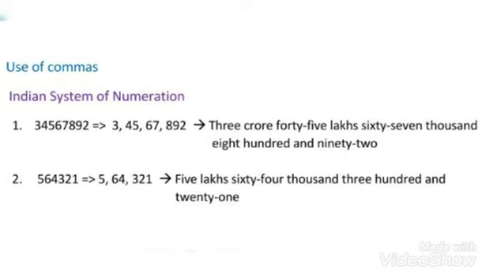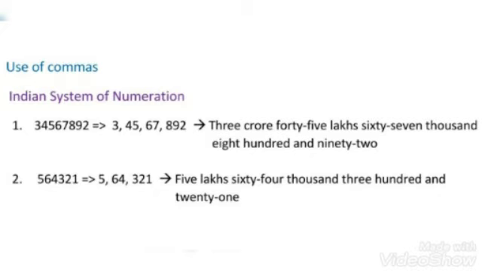In the first example, the number name is 3 crore 45 lakhs 67,892. In the second example also, 5 lakhs 64,321. So for the Indian system of numeration, we go by first 3 digits, then 2 digits, 2 digits, like this. We put the commas.